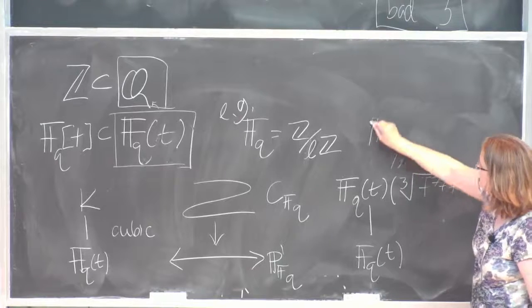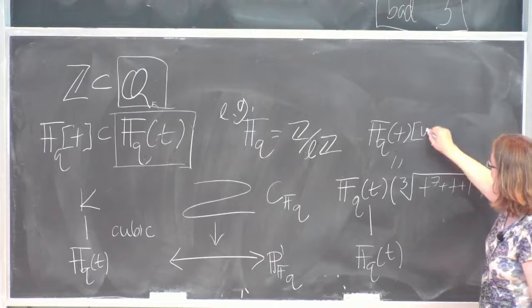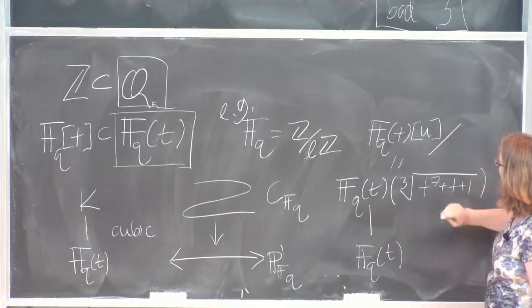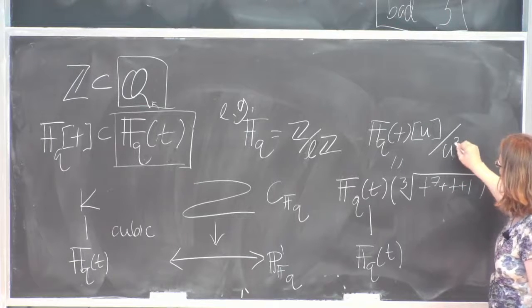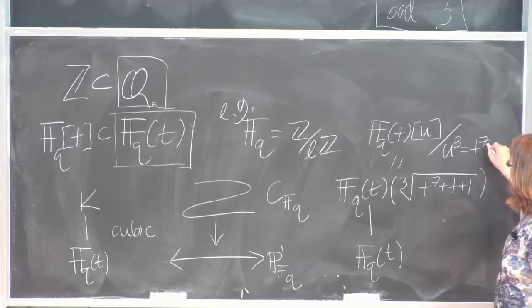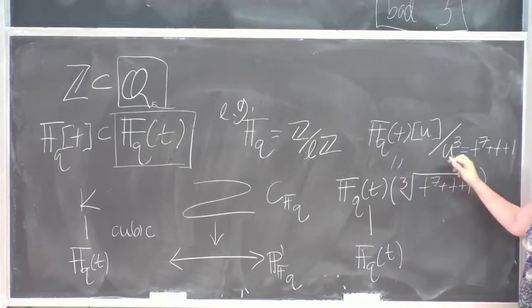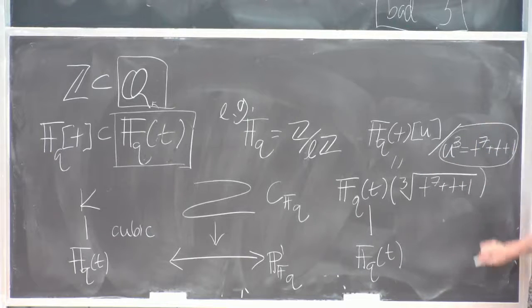Another way to write this, just formally, I could write it as adjoining some u and then taking the quotient by, I'll write it this way, the relation that u cubed should equal t to the 7th plus t plus 1. I'm writing it a little sloppily here just to make clear what the geometry is.